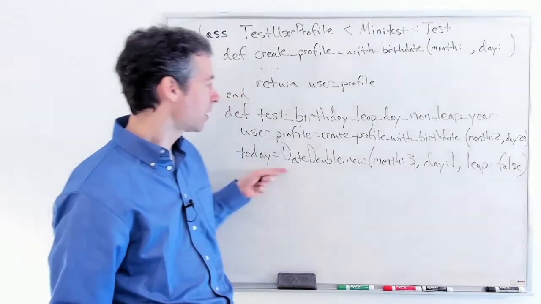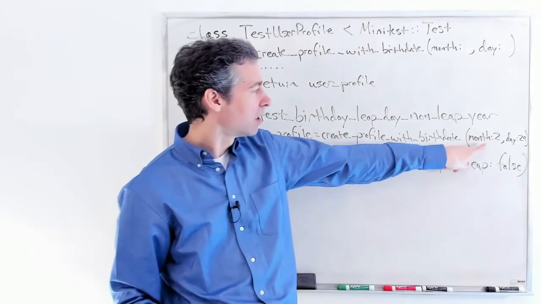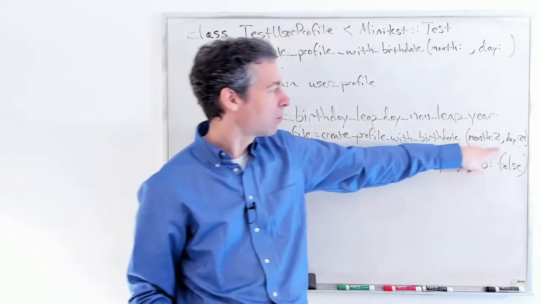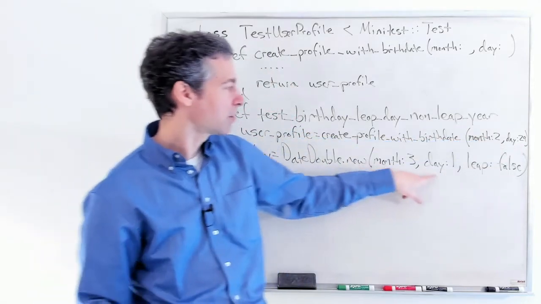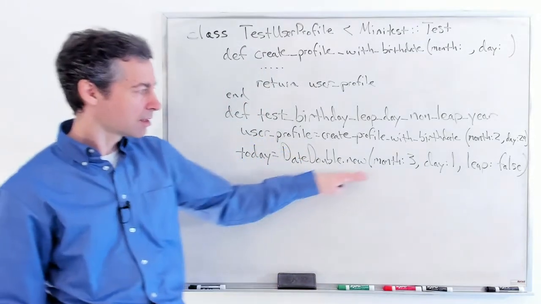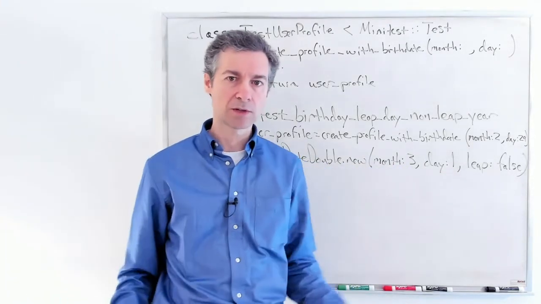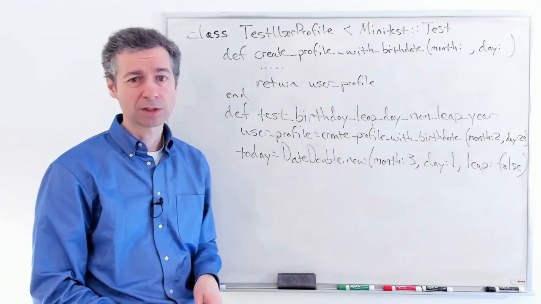And also, by the way, these named arguments are really nice. If you see the way this code gets written, you don't have any doubt about why I'm passing in 2 and 29 here. You don't have any doubt about the month, day, and the leap settings either. By using named arguments, a lot of the code becomes a lot more readable. I certainly encourage you to use them.